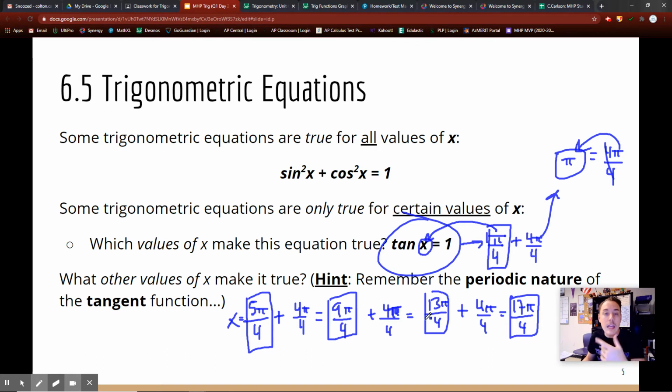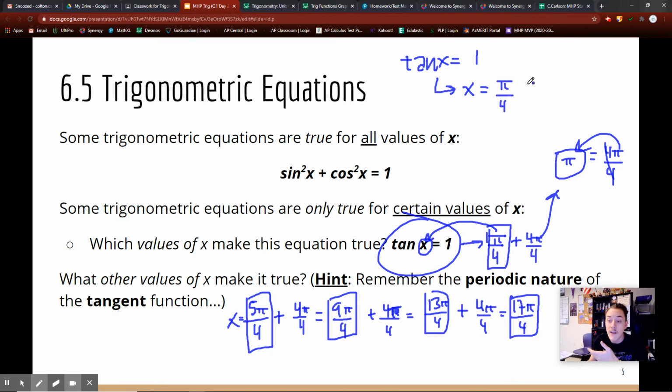Which means we have to develop something that would help us, specifically this. Okay, this tangent. So tangent of x equals 1. I know that x will equal pi over 4.